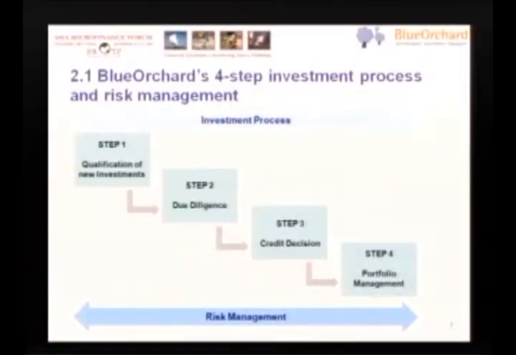So, but what is Blue Orchard? Actually, what's our process? How do we assess the creditworthiness of an MFI, and how can we implement the client protection principles into our daily work? Well, first of all, we have some eligibility criteria. We work with MFIs that have at least 2 or 3 years of operations, an asset size of at least $10 million, and externally audited accounts.